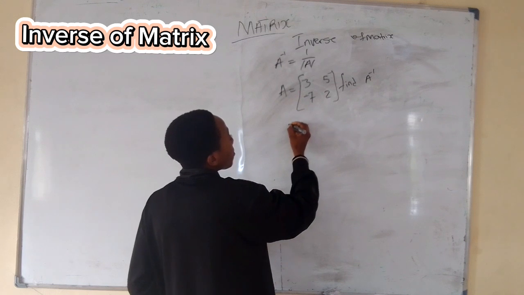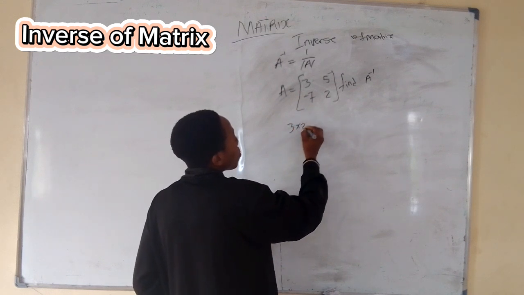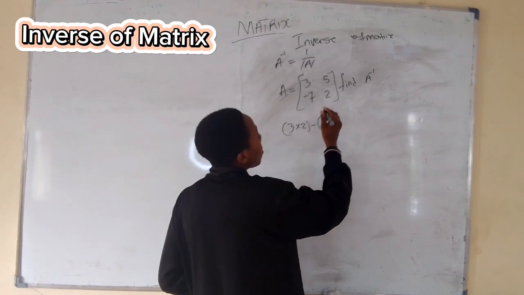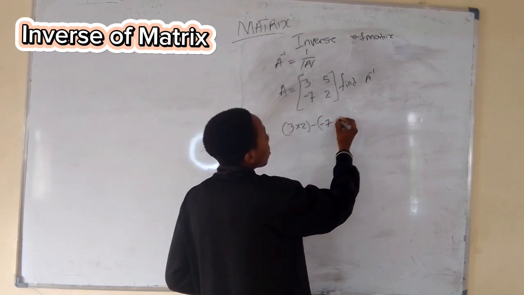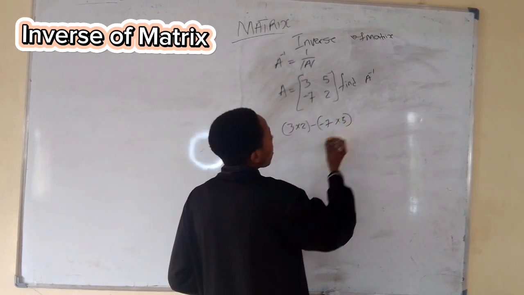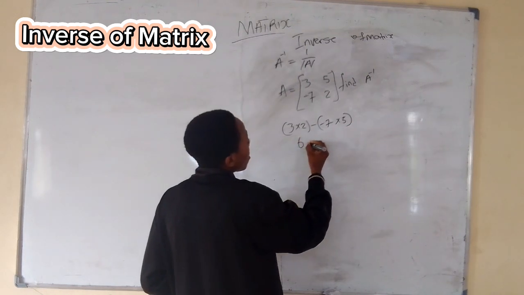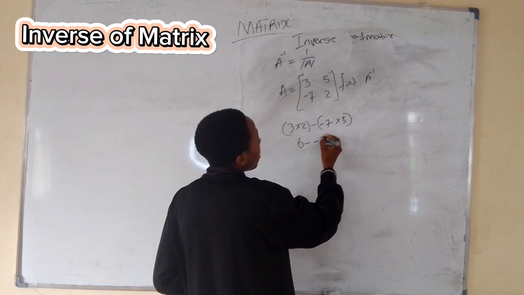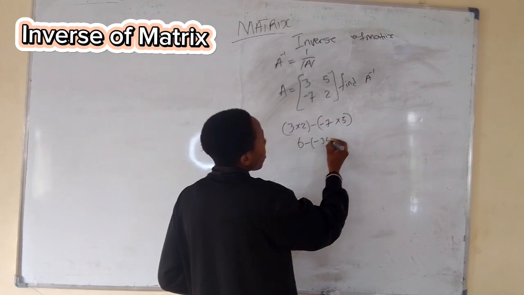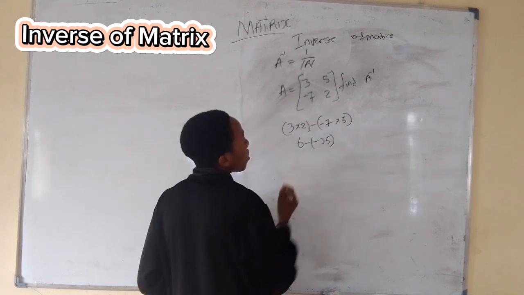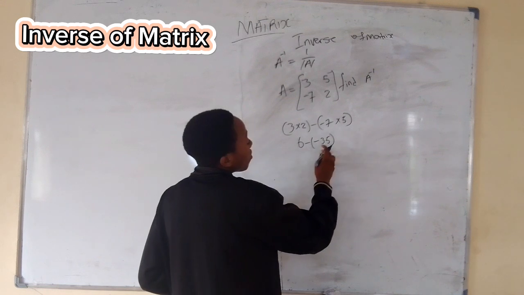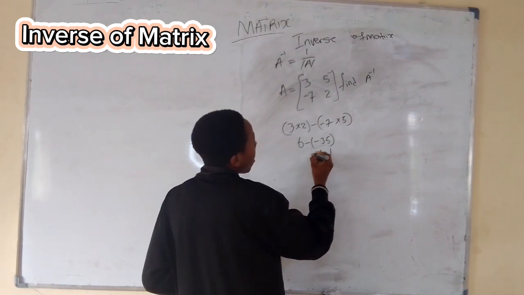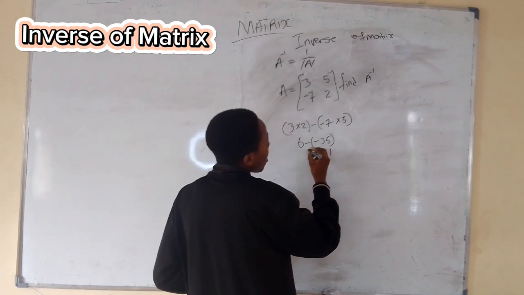So we have 3 times 2 minus 7 times 5. 3 times 2 is 6, minus 7 times 5 is 35. Minus and minus is plus. So 6 plus 35, we have 41 as our determinant.